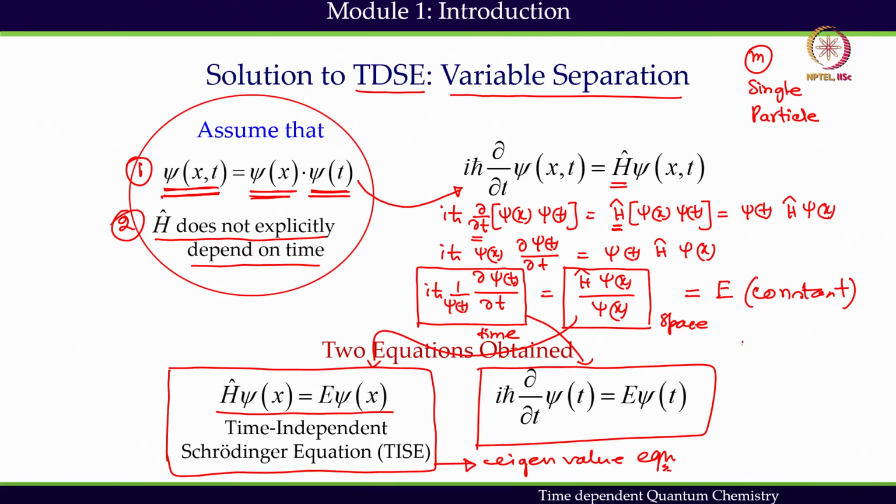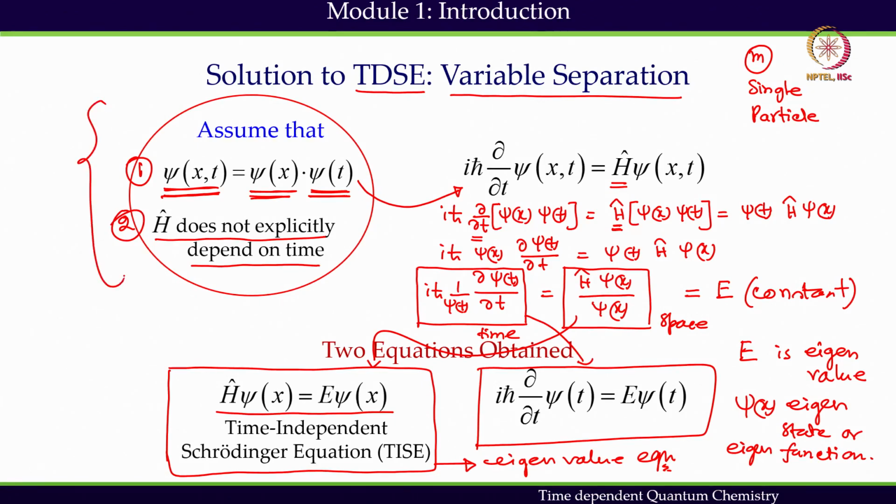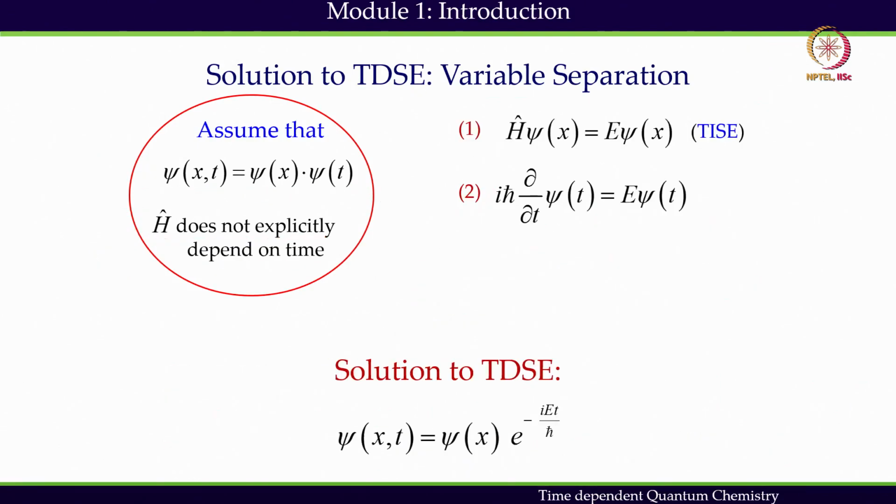And this E is called the eigenvalue, and psi x is called the eigenstate, or eigenfunction. So, there are two equations we get from this variable separation method under these assumptions. There are two assumptions we have taken.